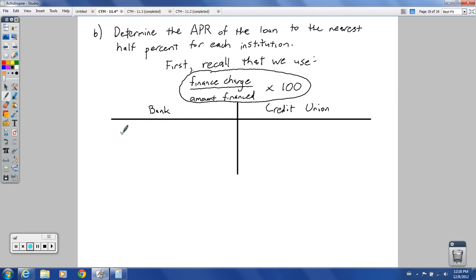Over here, the finance charge was $101.25, which came from part A, divided by the $1,500 amount financed, times 100. That gives you approximately 6.75 if you put that into a calculator. This is $6.75 per $100 financed.